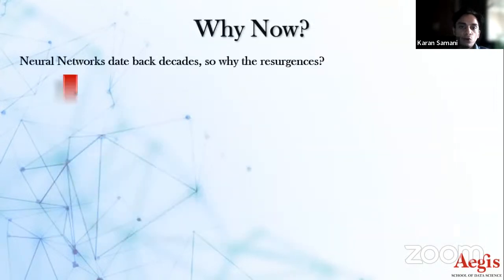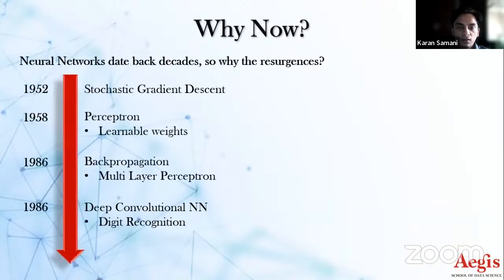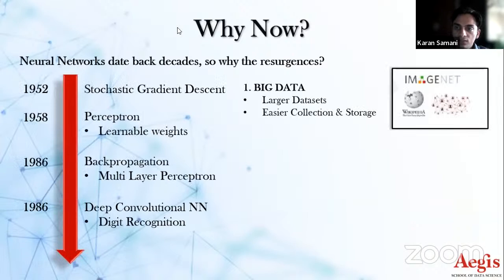If you see, neural networks or deep learning date back decades and decades ago. So why the resurgence or why the boom right now? First of all, currently in the era of social networking and social media, we have tons and tons of data. We have terabytes of data floating onto the cloud, right?